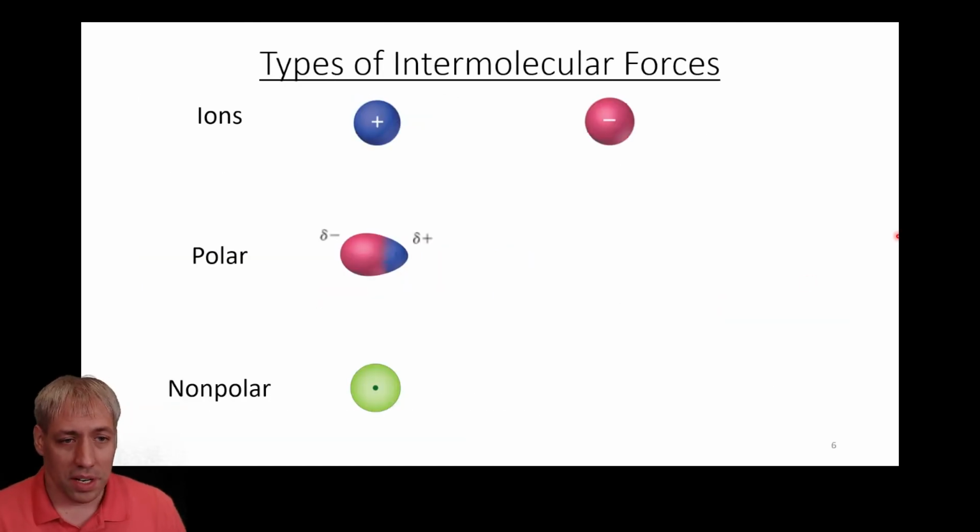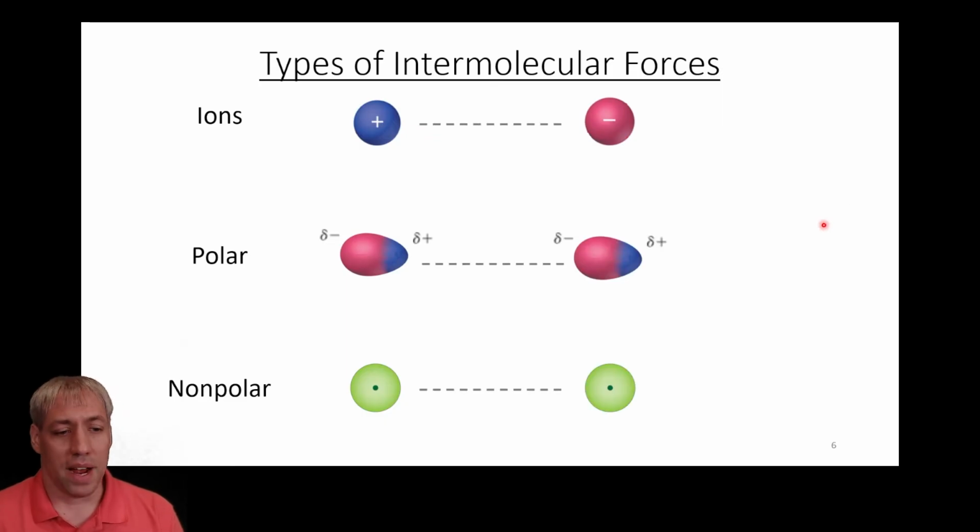And so when you talk about intermolecular forces, there's only so many things that can interact. You can have ions that interact, you can have polar molecules that interact, or you can have nonpolar. Remember, nonpolar, all the dipoles cancel out. Polar, there's an overall molecular dipole, and then ions are just charged species that have positive and negative charges.